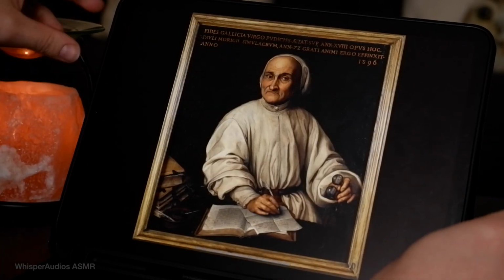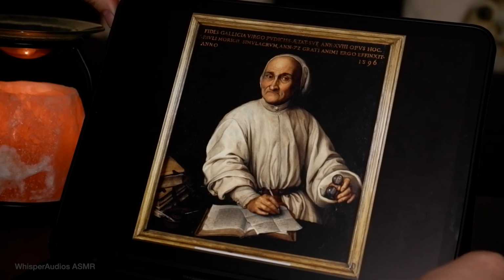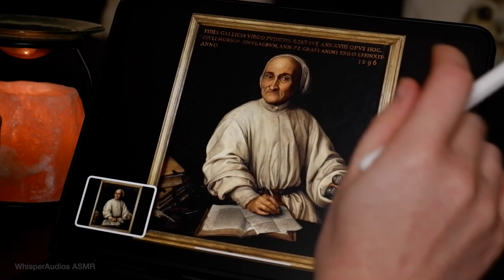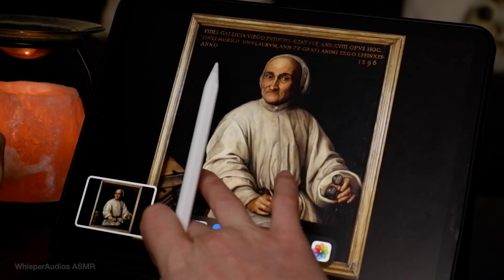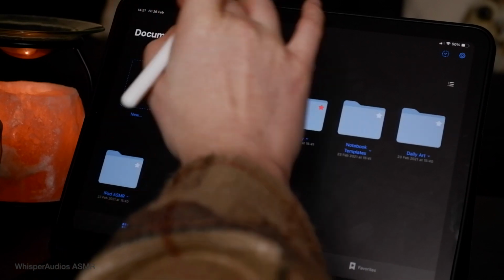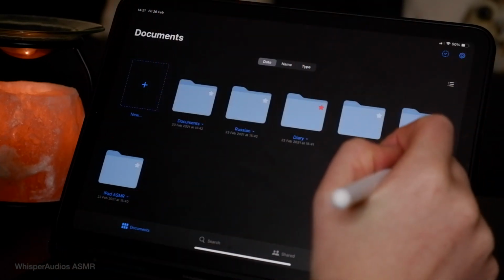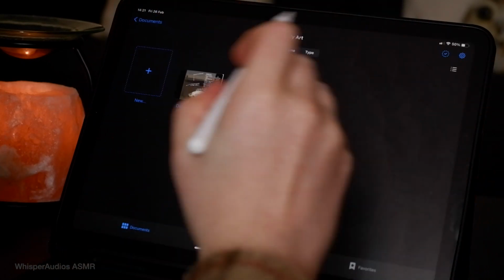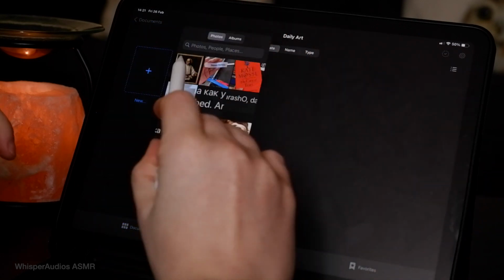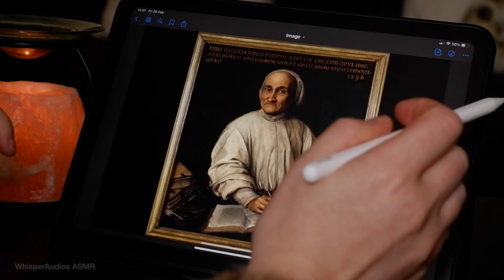And as always, we are going to take a screen grab and open it up in Goodnotes.